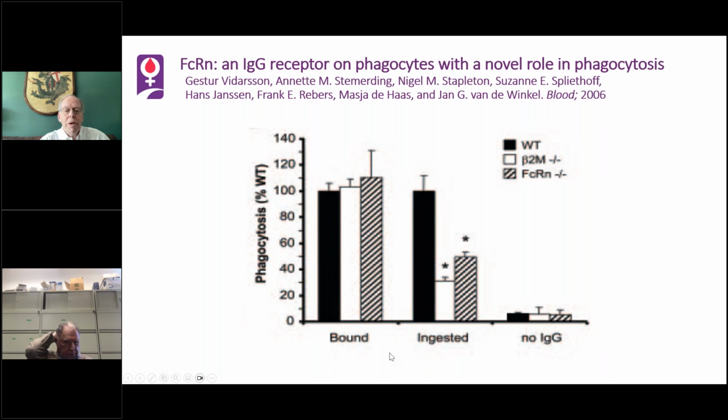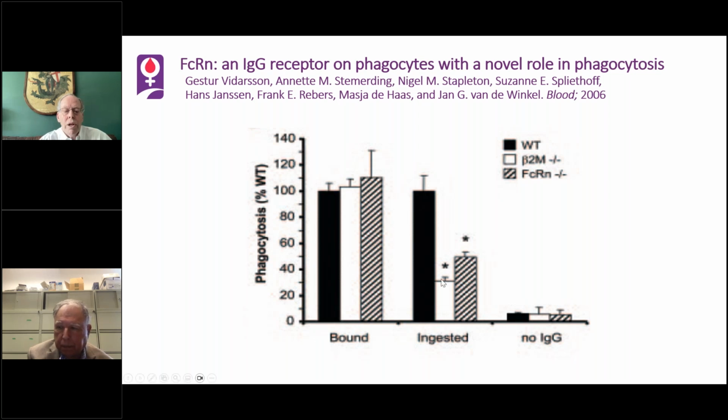This is taken from the best study in 2006 from the Dutch Red Cross and Jester Vederson. And you see here that in the wild type animal, the beta-2 microglobulin deficient mouse and the FcRn deficient mouse, the antibody binds to the bacteria in all those settings.